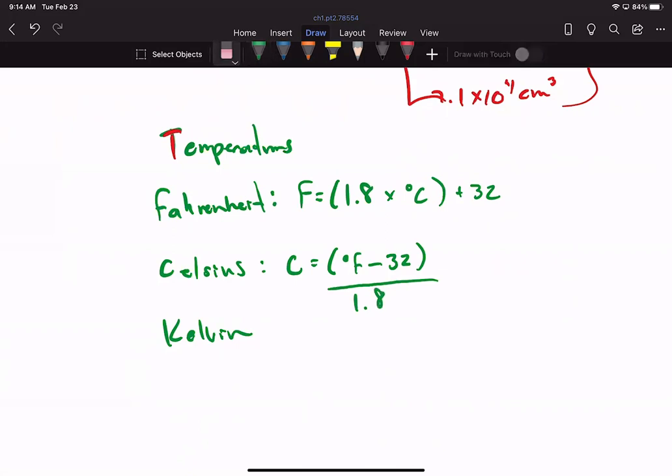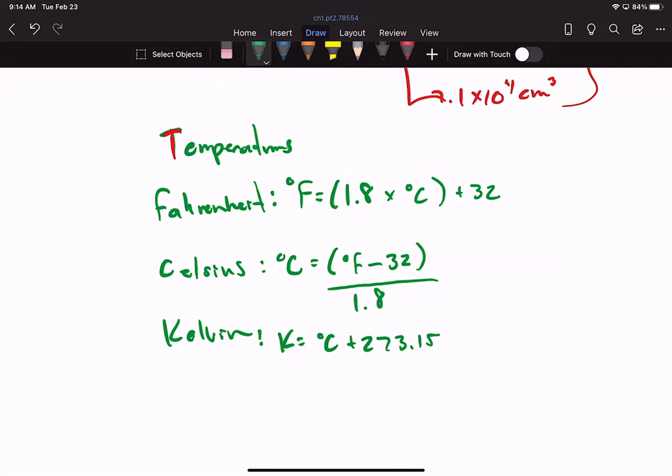And in order to figure out Kelvin, Kelvin is equal to degrees Celsius plus 273.15. And there's no degree Kelvin. It's just simply Kelvin. We have degrees Fahrenheit, degrees Celsius, and then Kelvin. We don't have degree Kelvin, right?